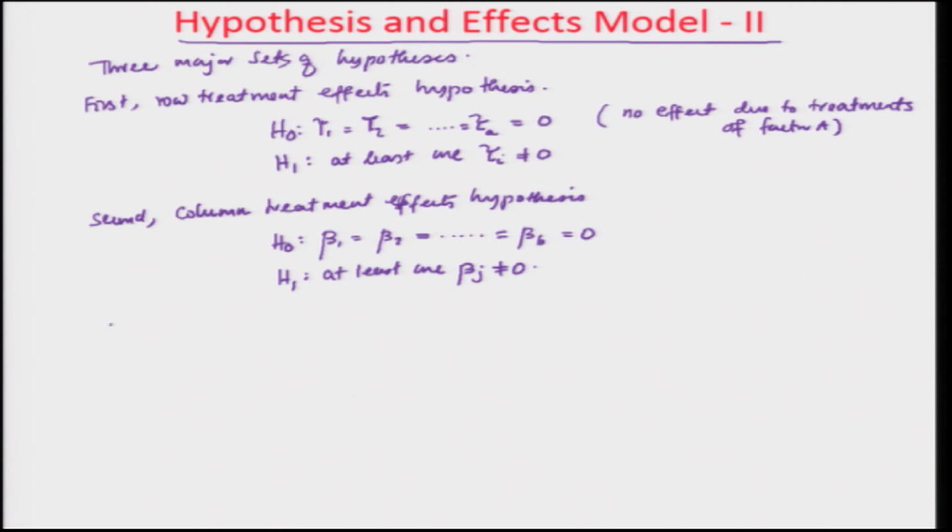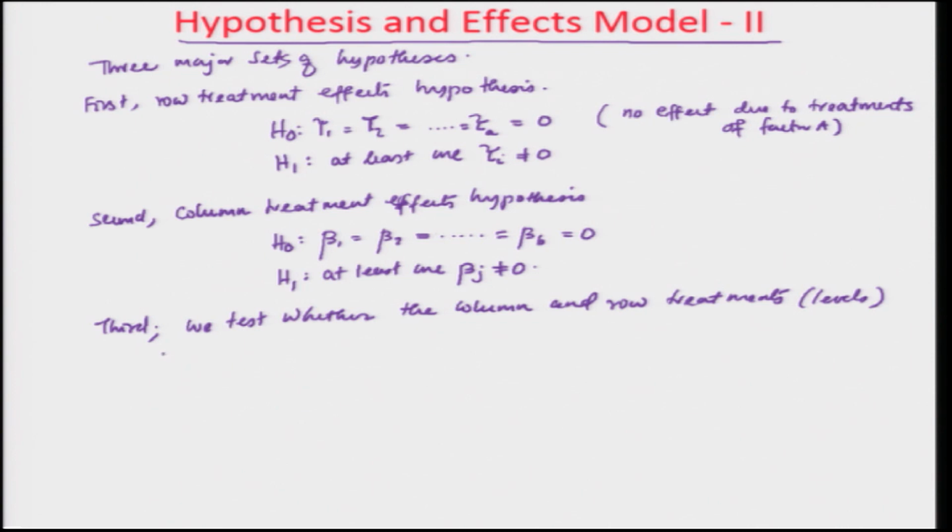Third, we test whether the column and row treatments, or what we call levels, interact. On top of the main effects, we also test the interaction effects.